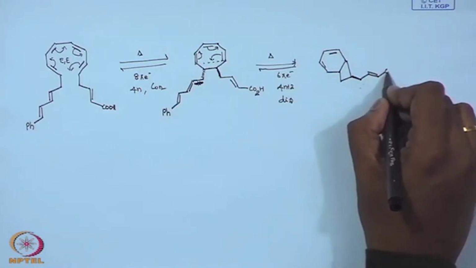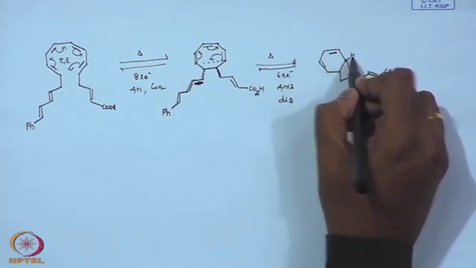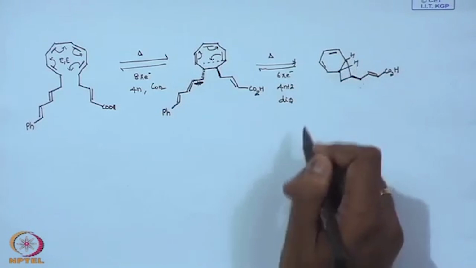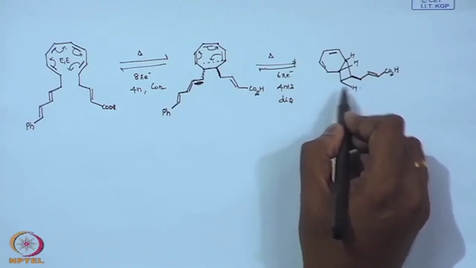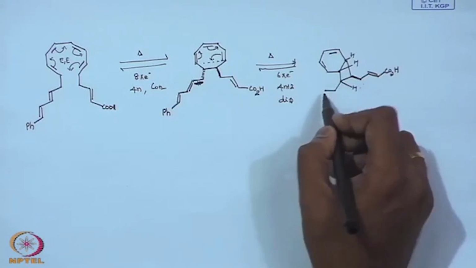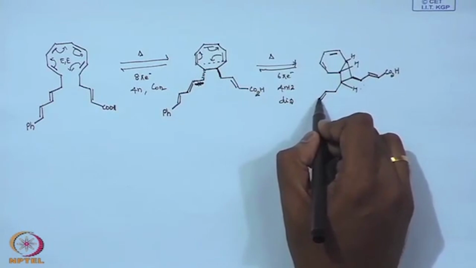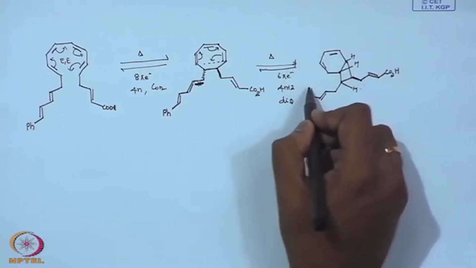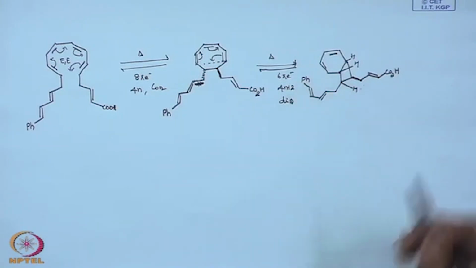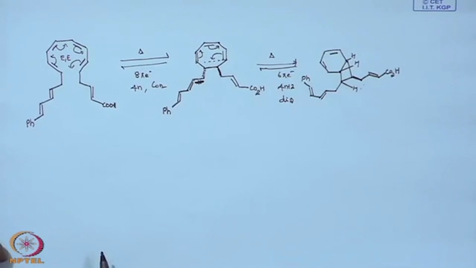Double bond, and you have your carboxylic acid. So, you have your hydrogen, and this side you will have your phenyl. One double bond, then another double bond, then a phenyl. Clear? So, you get this molecule. Any doubt with this? No.